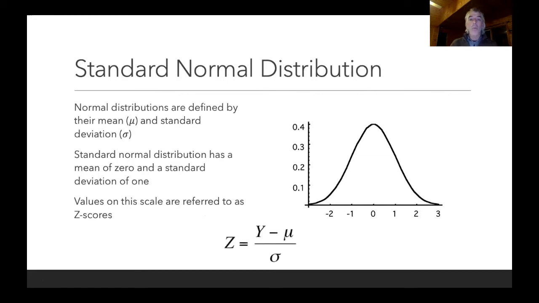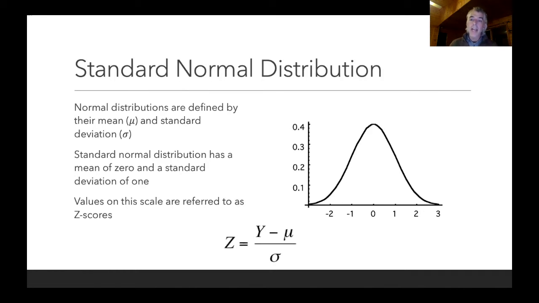But there is one normal distribution that's particularly interesting and important, and that's called the standard normal distribution. The standard normal distribution then is just a normal distribution that has a mean of 0 and a standard deviation of 1. Values in this standard normal distribution along this x-axis are referred to as z-scores.